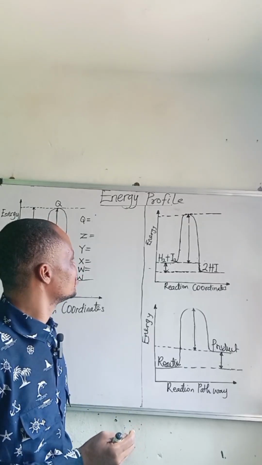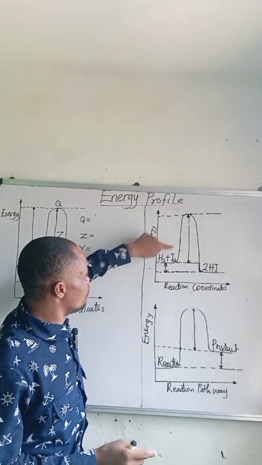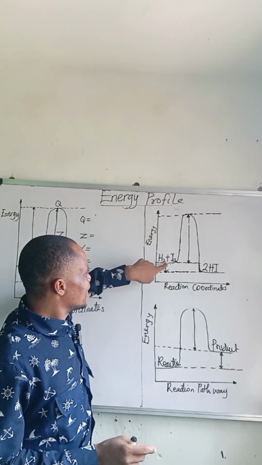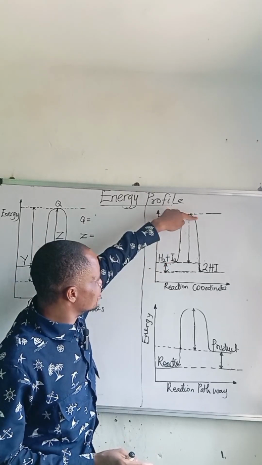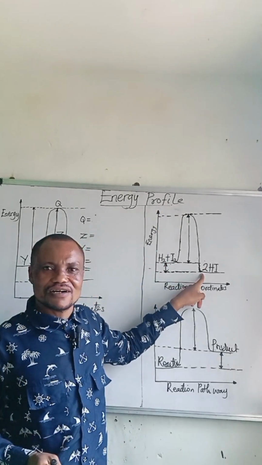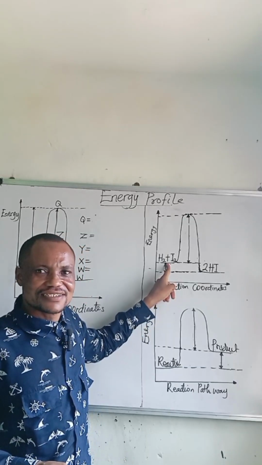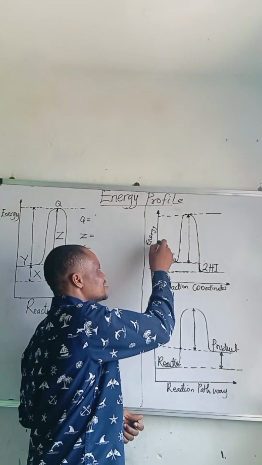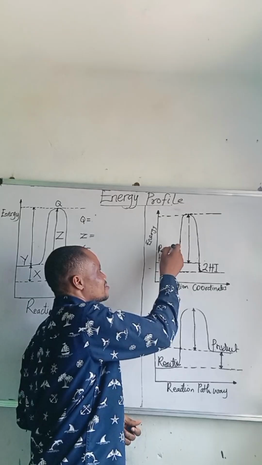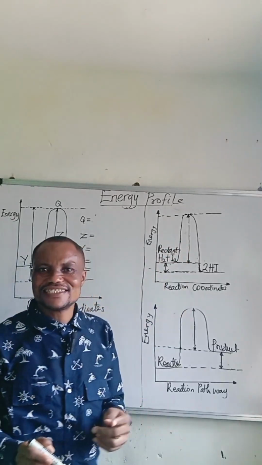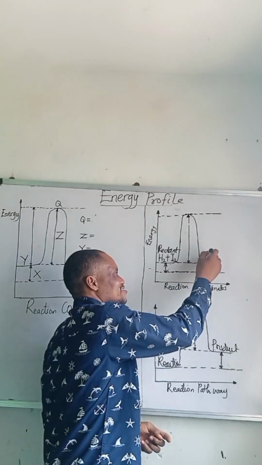Now, if you take a look at this diagram, you discover that the curve extended below the reactant. This is the reactant, and this is the product.